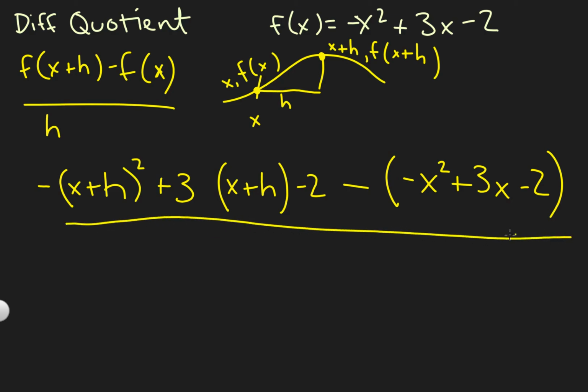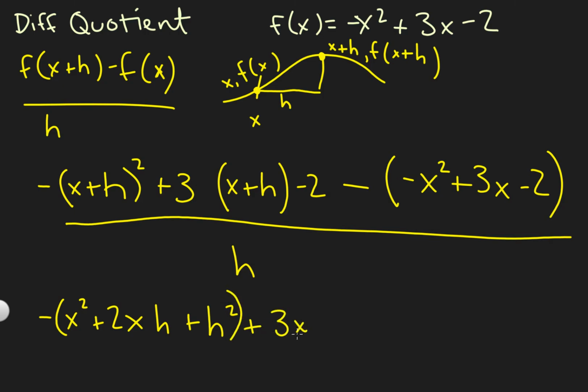And then we divide everything by h. So a little bit of simplifying in here. Negative x squared plus 2xh plus h squared. Distributing the 3, 3x plus 3h minus 2 plus x squared minus 3x plus 2, and then we divide that whole thing by h, which we'll take care of in a minute.